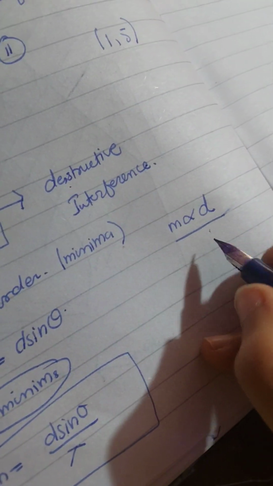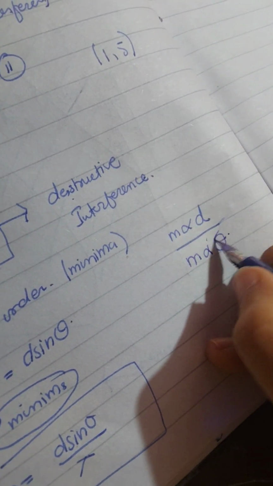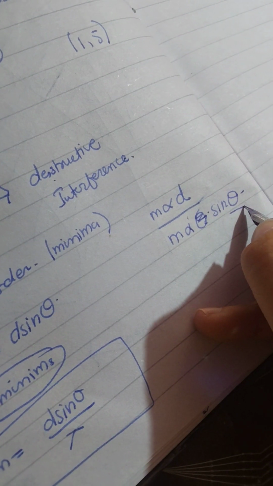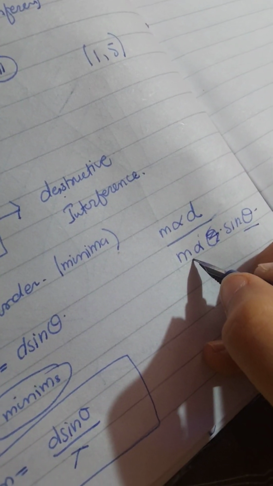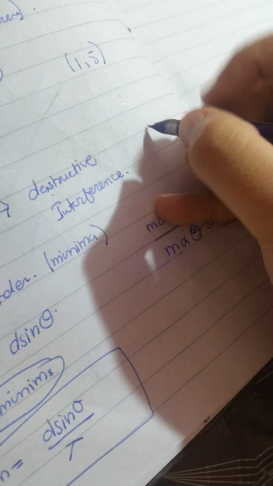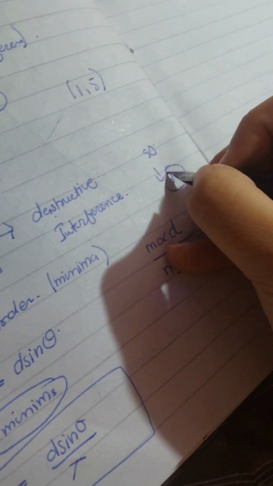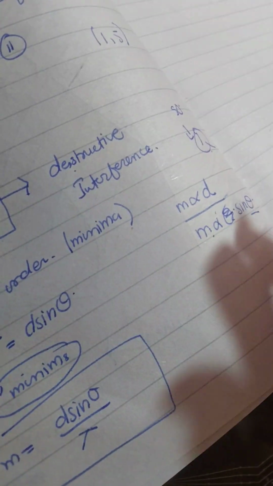Another observation is that m is directly proportional to theta, basically sine theta. If you increase theta, the destructive interference will also increase. Sine theta is maximum at 90 degrees, because we know that sine 90 is equal to 1. So basically at 1 there is the highest destructive interference.